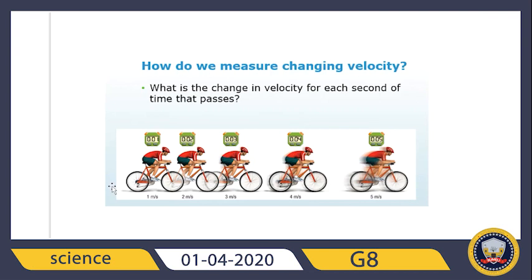So we can say that this object is accelerating. There is a change in what? In the speed, but there is no change in the direction, but still this object is accelerating. This object, as you can see, is speeding up.